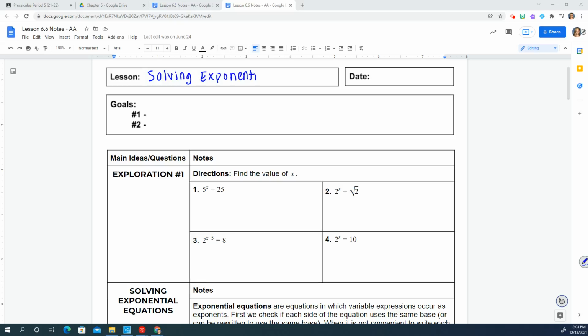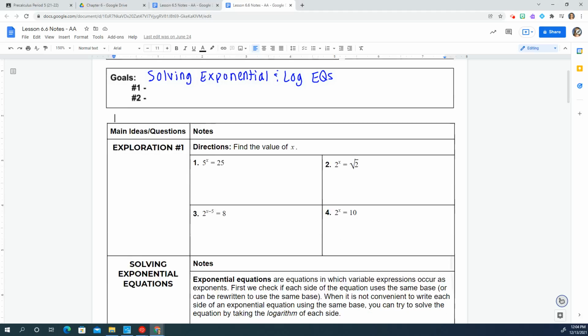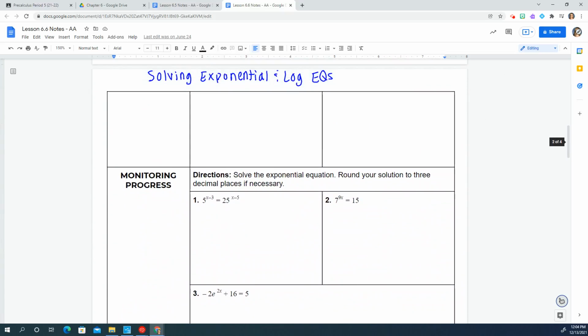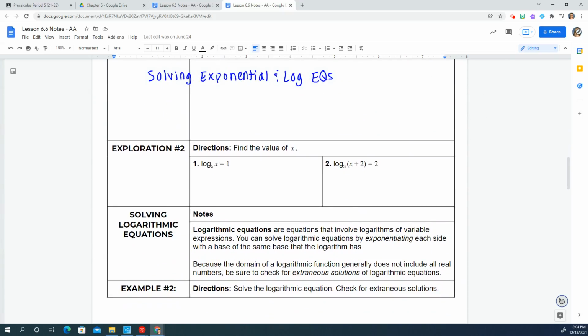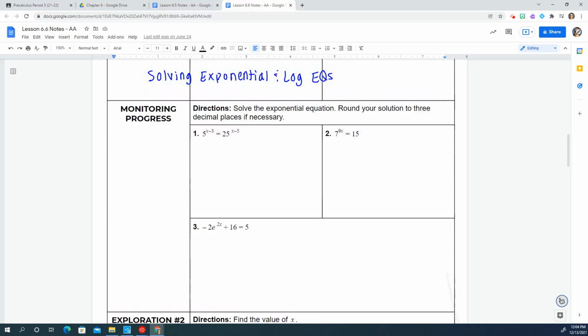Exponential equations are the ones where the variable is in the power spot, where I'm trying to figure out what the power is, and that's what logs help us do. Logs evaluate powers. A log equation looks something like this, where we have a logarithm within the equation.